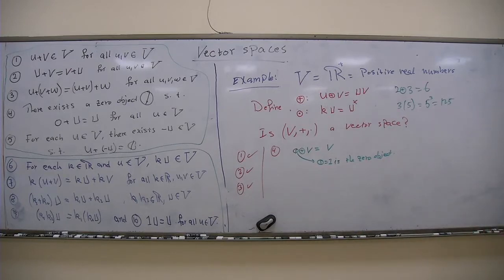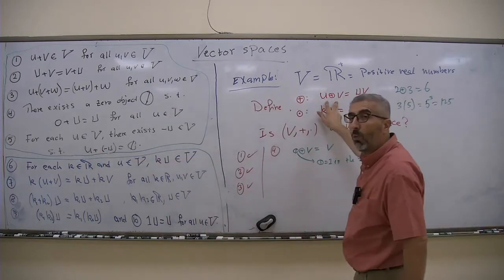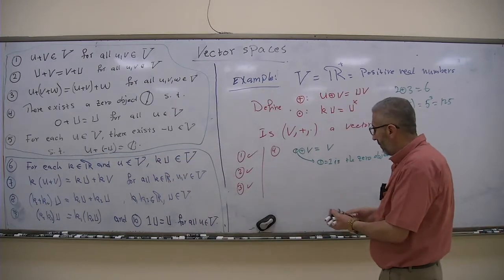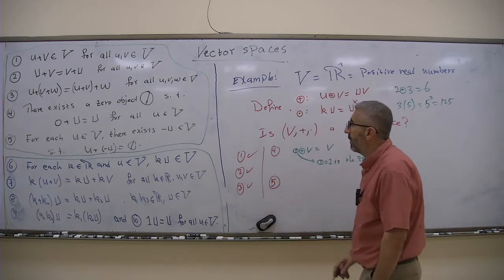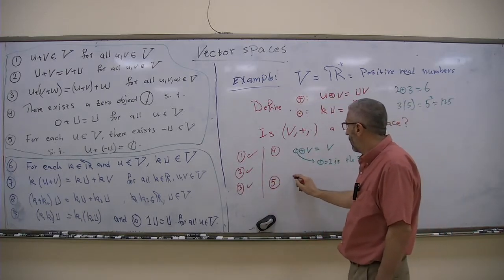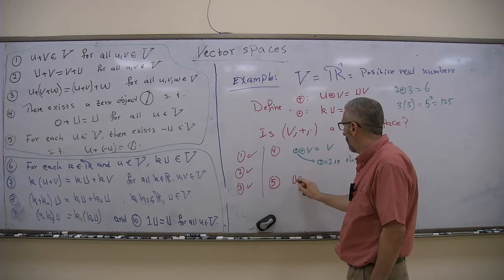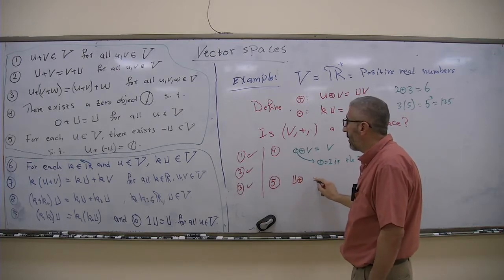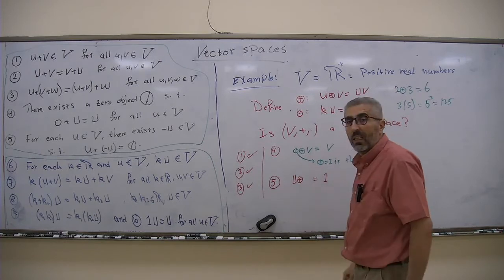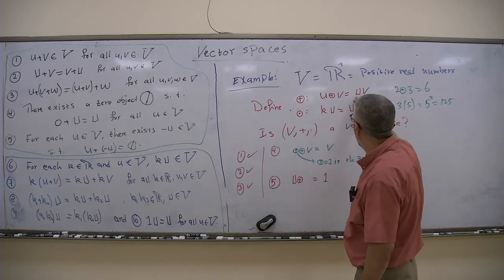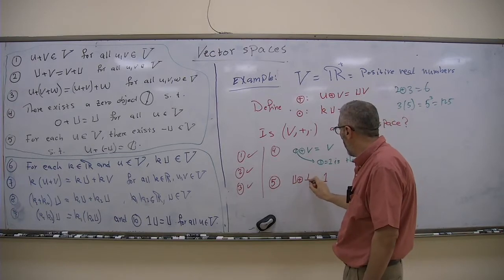Number 5: for each u, there is a negative u. What is that going to be? 5 is tricky here. U plus what gives us the zero object, which is 1? It should be the reciprocal, so that when you multiply, you get 1. That is going to be 1 over u.